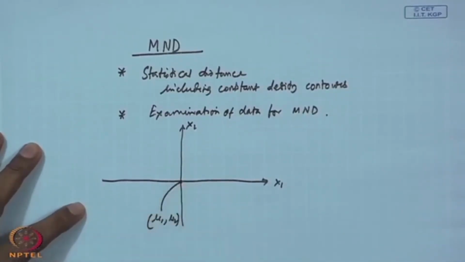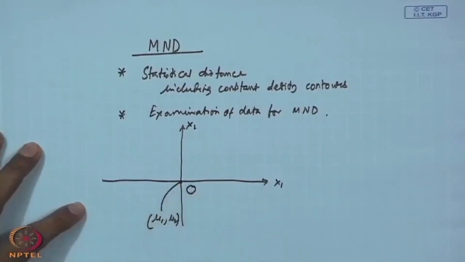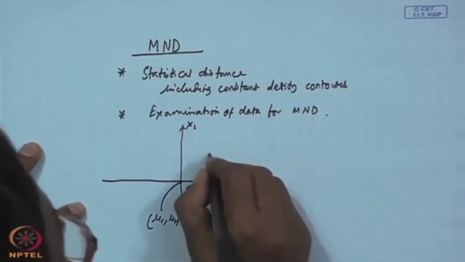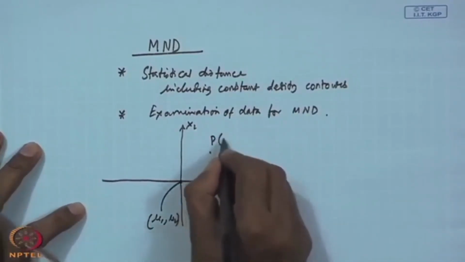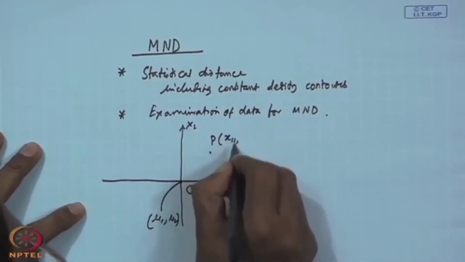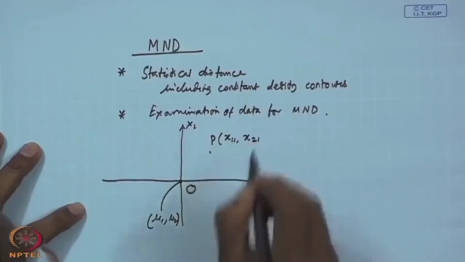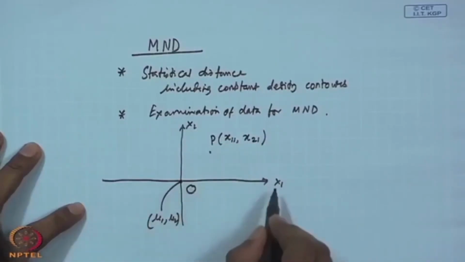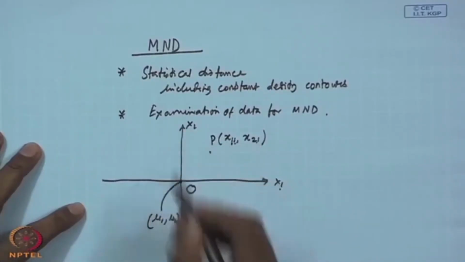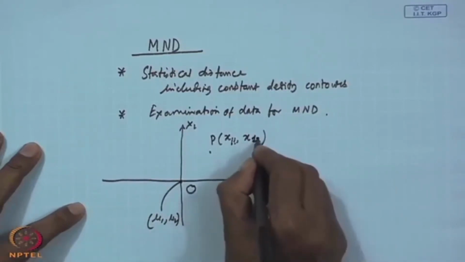Let us give this point the name O, and you want to know the distance from O to P. P is another point with coordinates x 1 1 and x 2 1, or you can write it as x 1 1 and x 1 2.